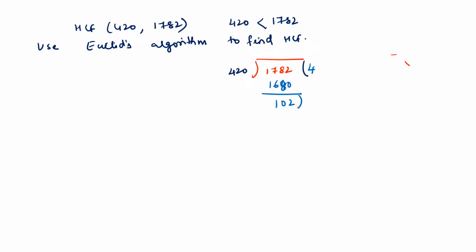So this becomes the divisor, and now 420 becomes the dividend. 102 into 4 is 408. Yes. Then what do we get?